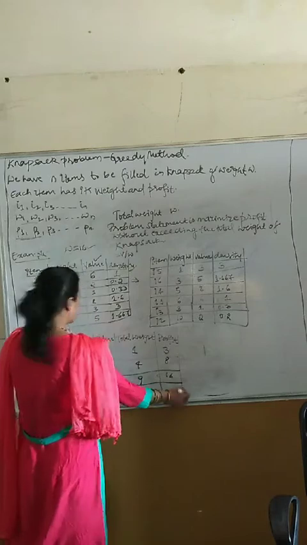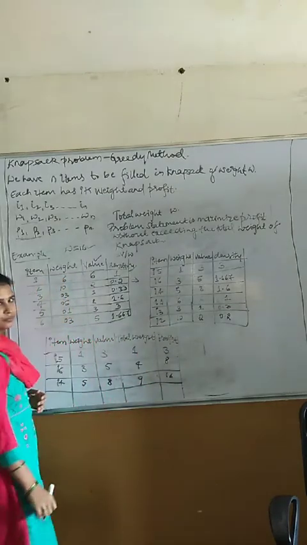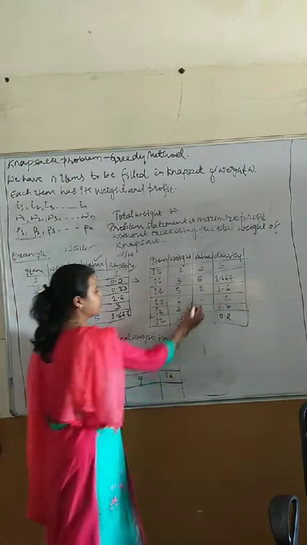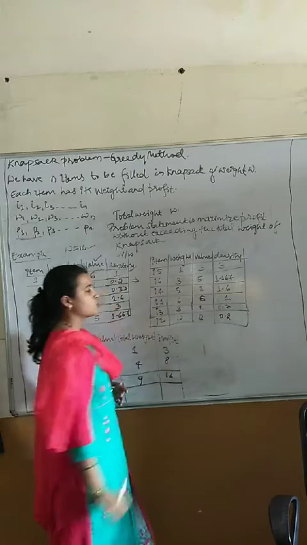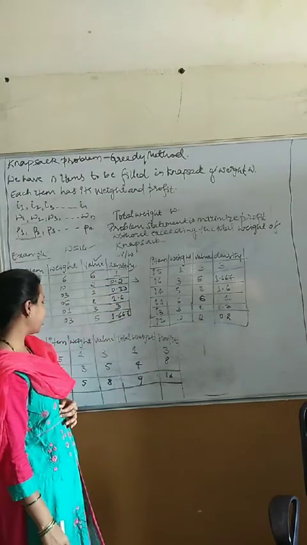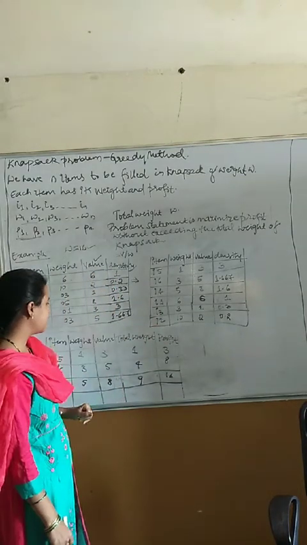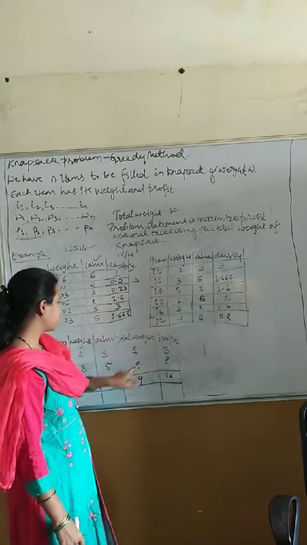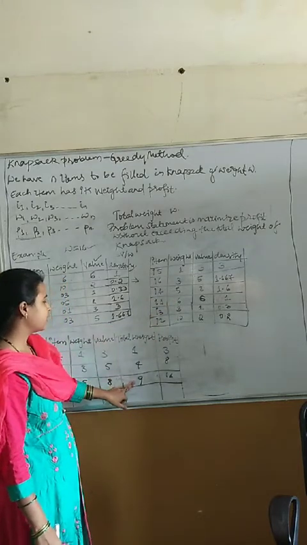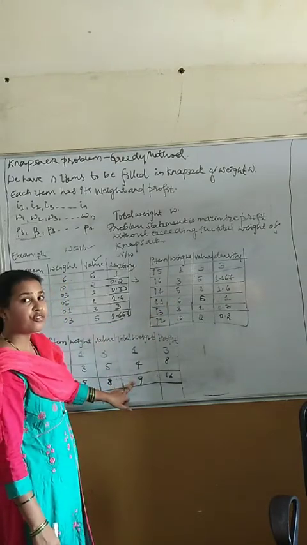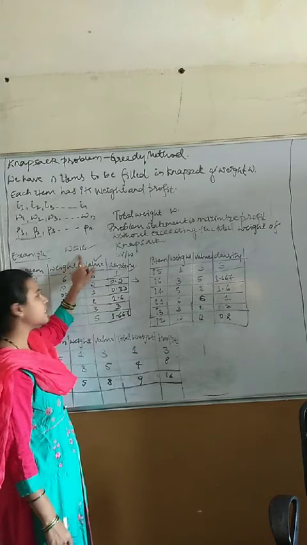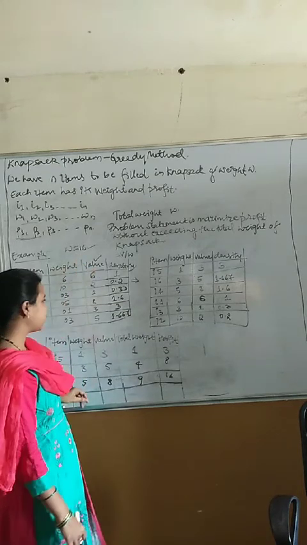Next item. Item number 1. In item number 1, what is the weight? Weight is 6. What is the total weight here? 9. 9 plus 6 is how much? 15. 15 is less than 16. Yes. So we are adding the next item also.